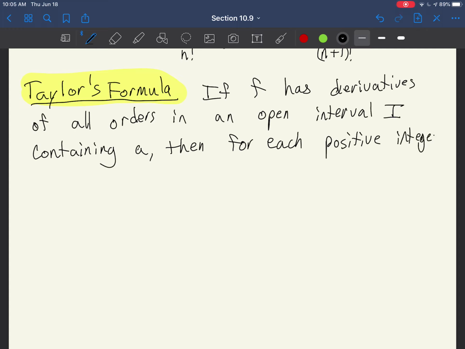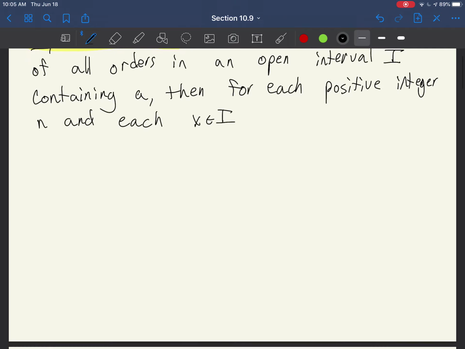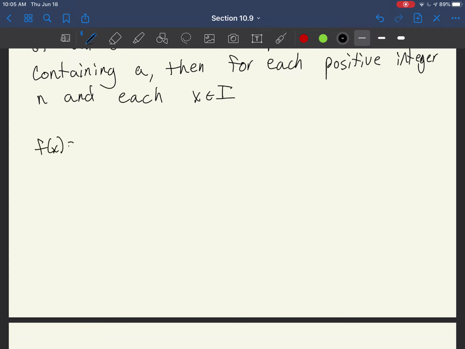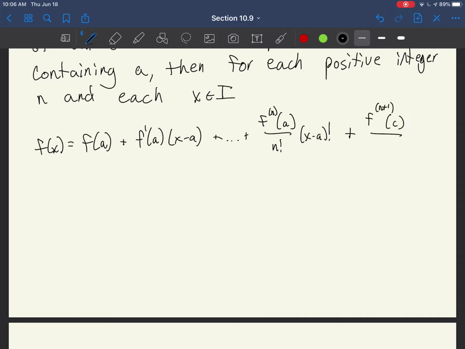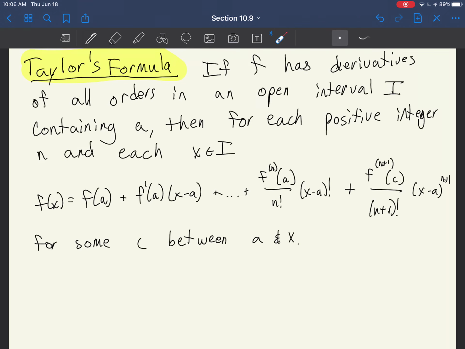And then for each positive integer n, and for each x in this interval of convergence, we have f of x equals f of a plus the first derivative of a evaluated at x minus a plus ... We have the nth Taylor polynomial plus that extra term that involves c, and this is true for some c between a and x.